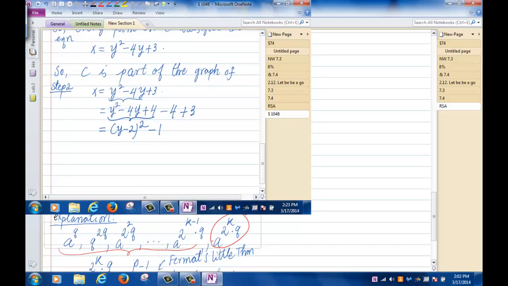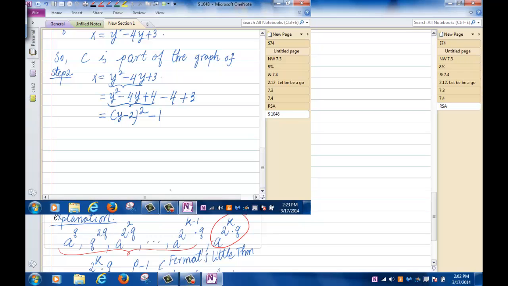So once you get this, what is the vertex? Generally, if you have an equation like this, x equals a times (y minus k) squared plus h, the graph is a parabola, and the vertex of the parabola is given by (h, k).